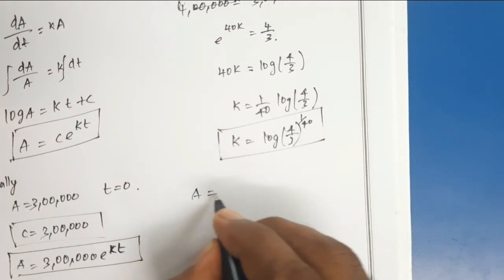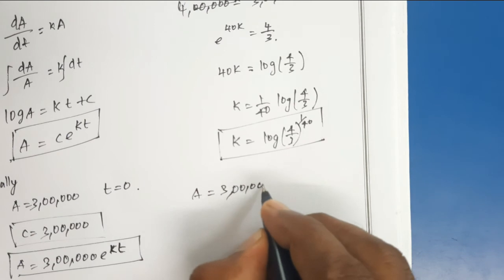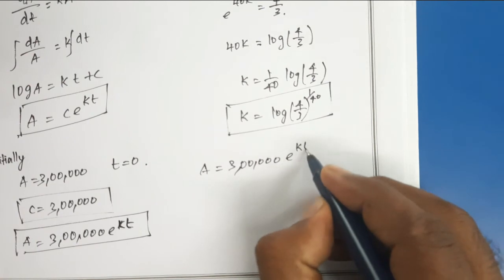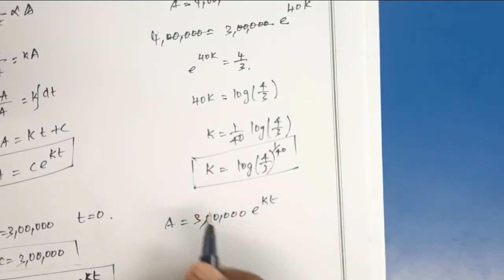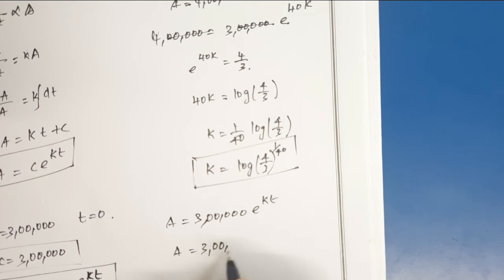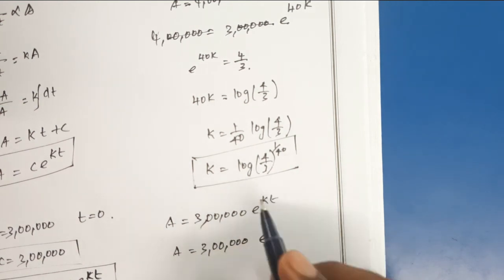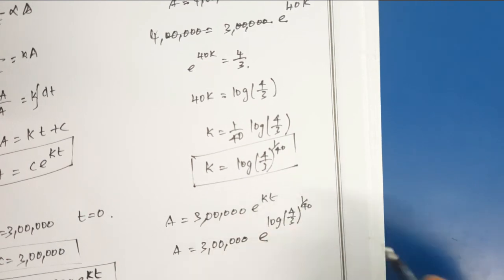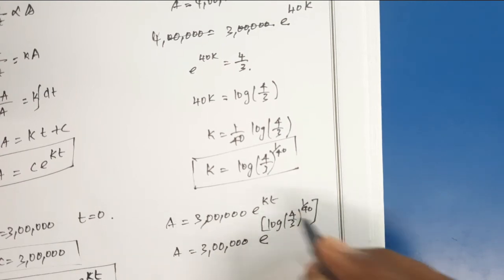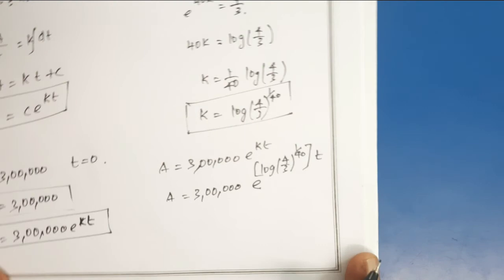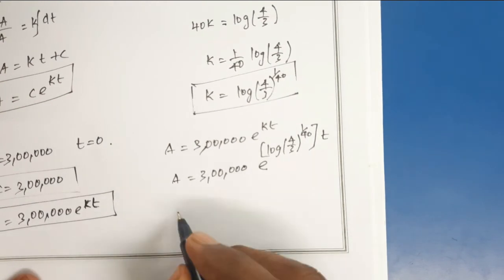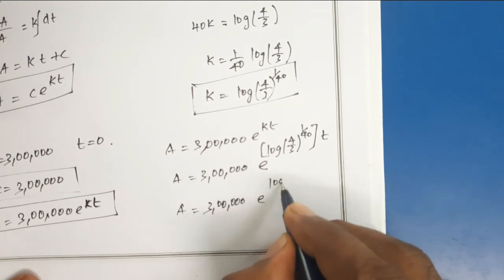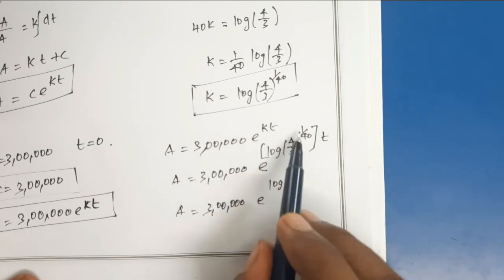A is equal to 3 lakhs e power kt is the general solution. Substituting the k value, A is equal to 3 lakhs e power, log 4 by 3 the whole power 1 by 40, into t.